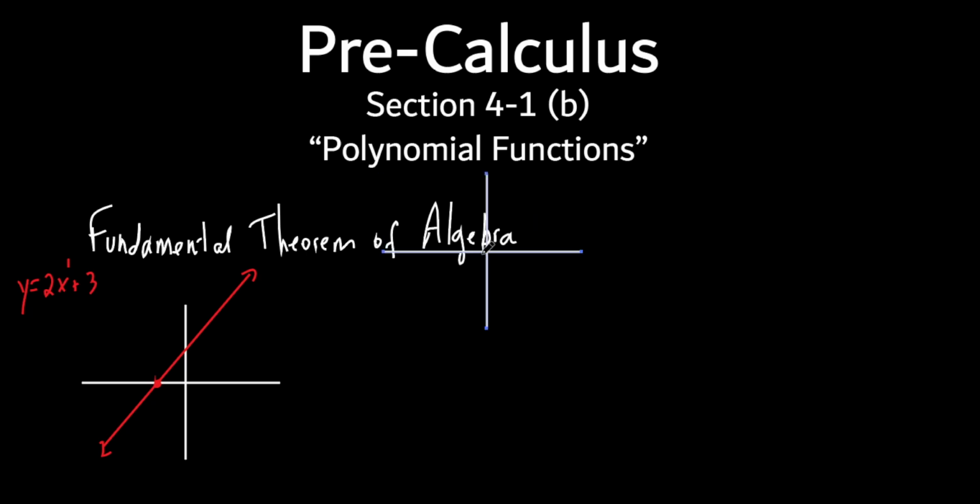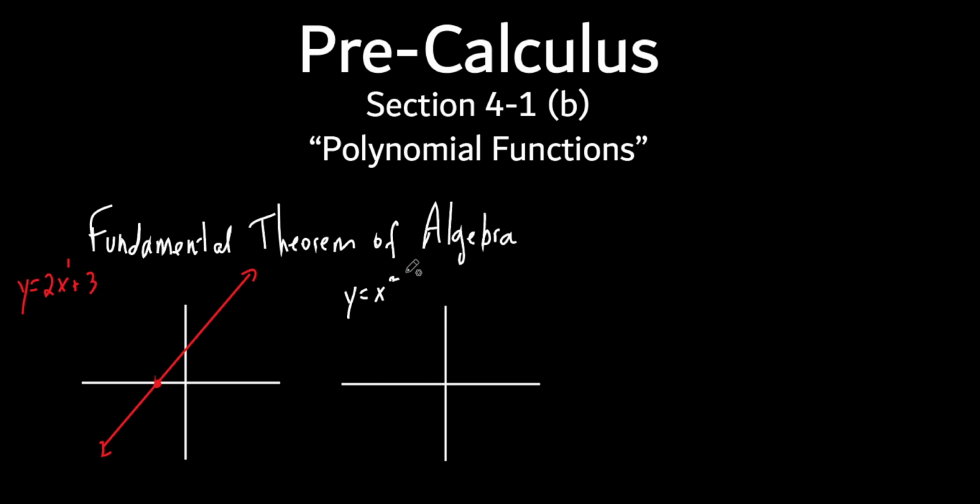All right. It'll make more sense the more we do. So let's do this one. What if I had something like x squared, okay? So like y equals x squared, or some variation like that. What's that going to look like? It's going to look like this, isn't it? How many places does this graph hit the x-axis? 2 places.